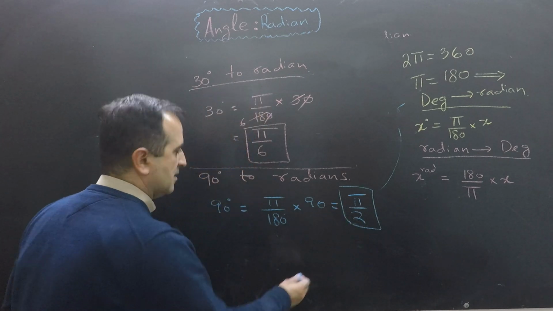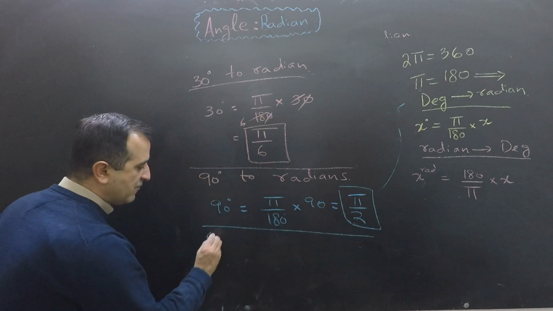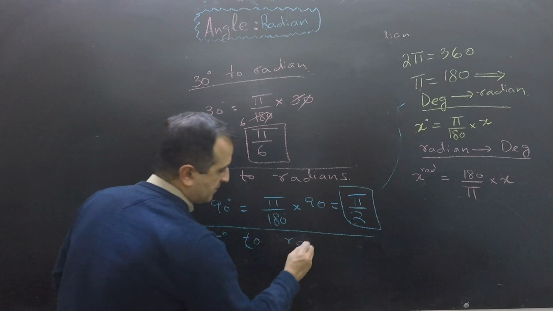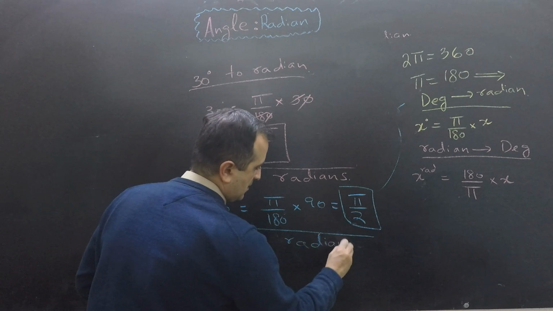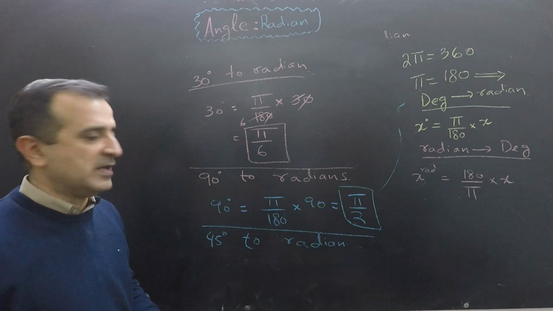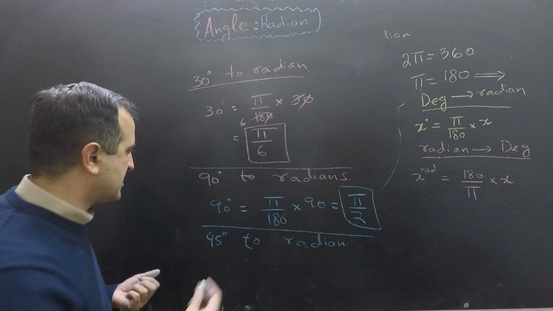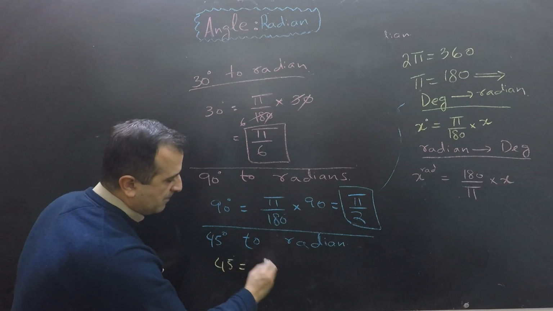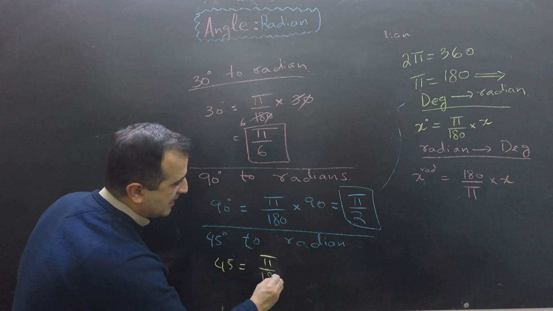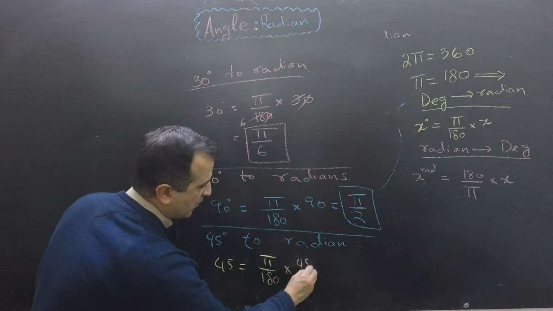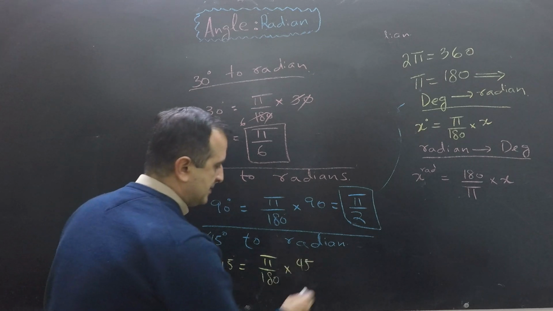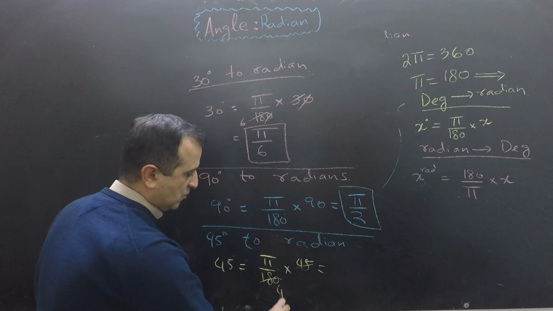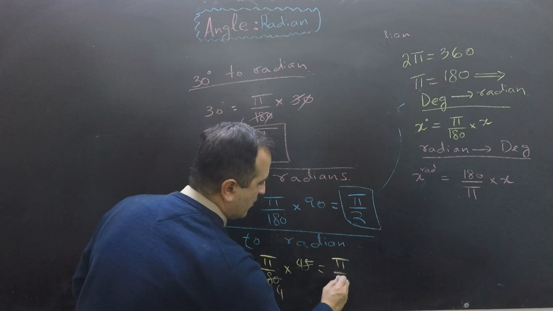So what is 45 degrees in radians? I am claiming it's going to be pi by 4, but let's check. 45 is equal to pi by 180 times 45, and 45 times 4 is 180, so it's going to be pi by 4. I was correct.